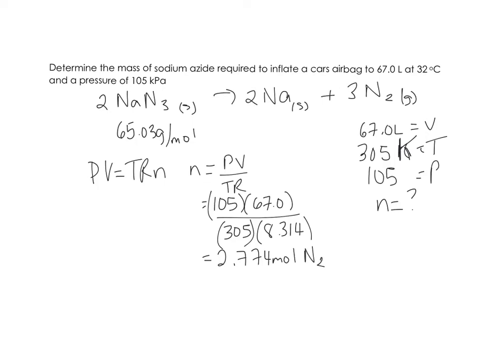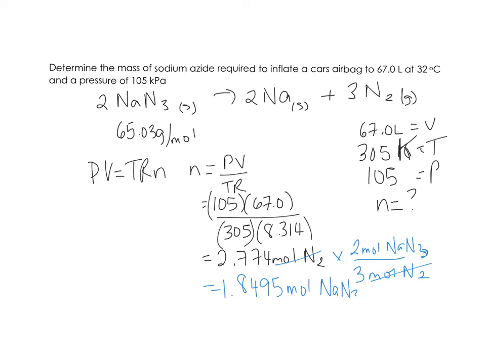Now we need to convert that to moles of sodium azide, and the mole ratio is 2 moles of NaN3 to 3 moles of N2. So we end up with 1.8495 moles of sodium azide.